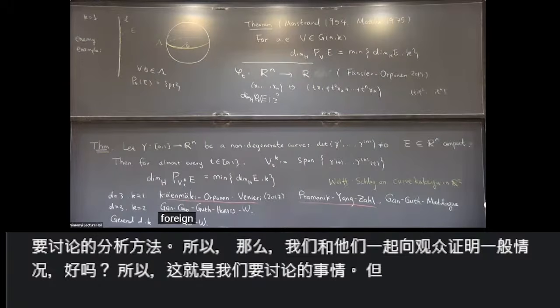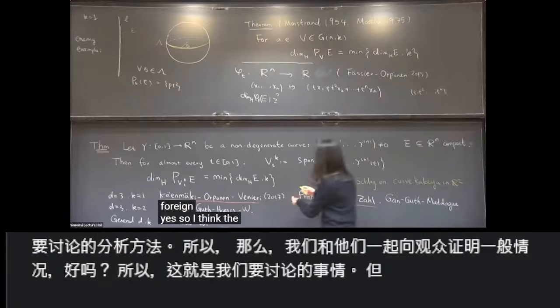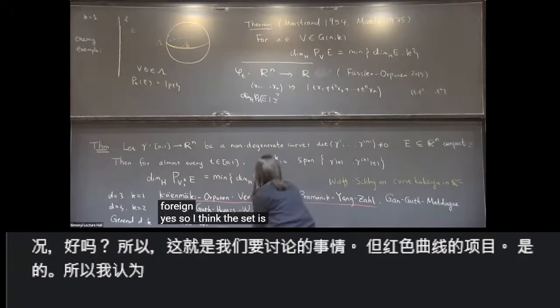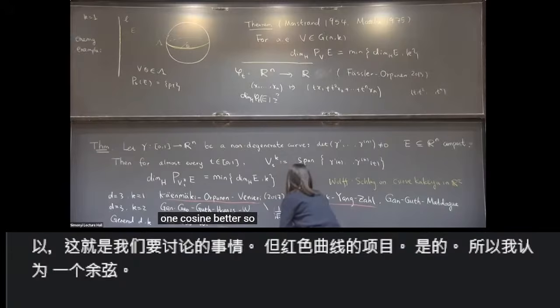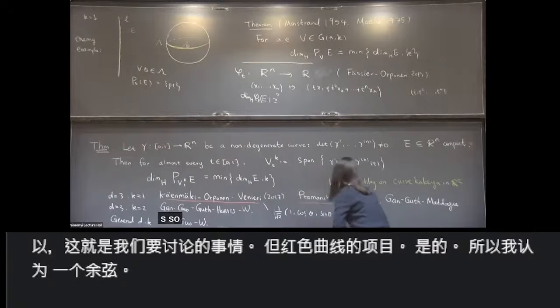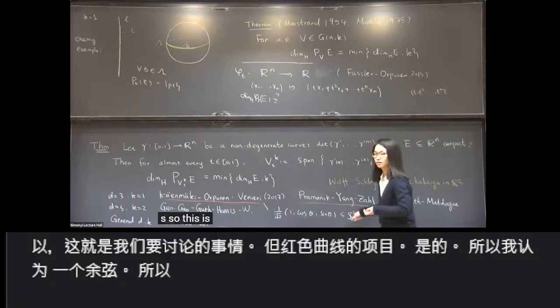So you said they proved it for that red curve? Yes, so I think the set is one, cosine theta, sine theta, of S2. So this is the set.